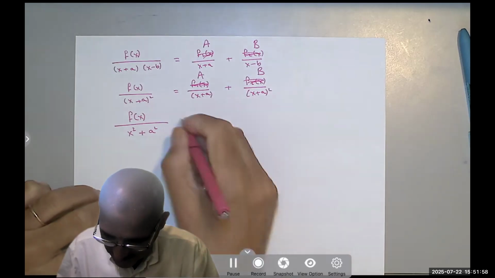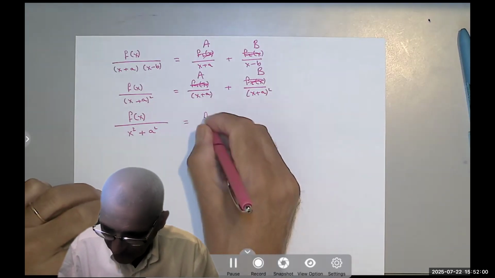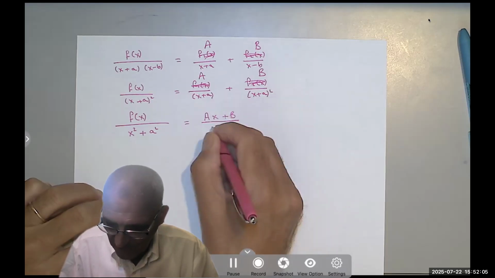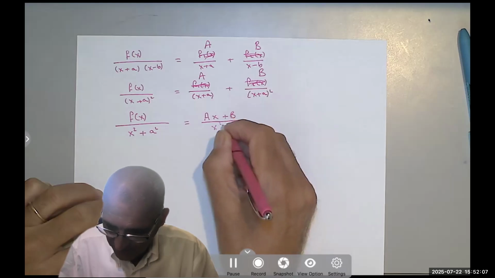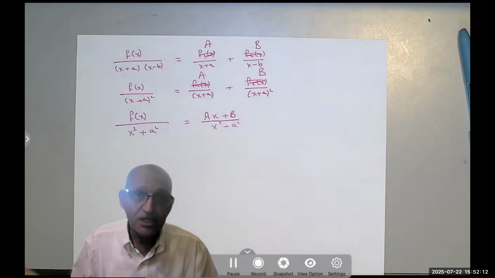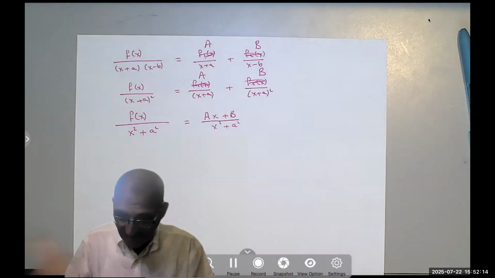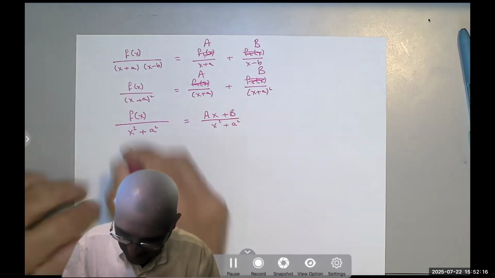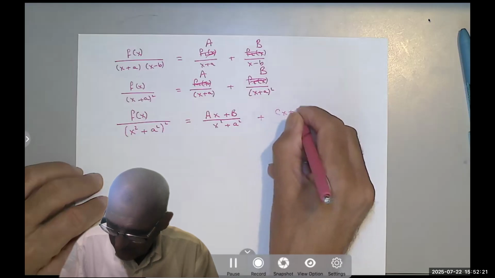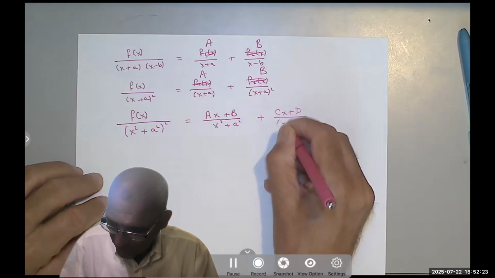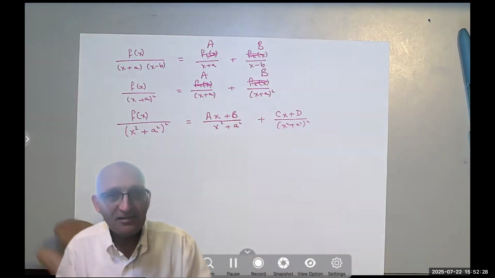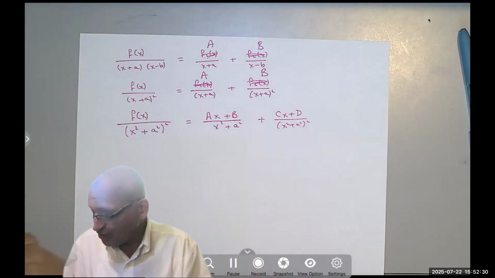So in this case, we divide it over Ax plus B over x squared plus a squared. And if that's a square, so let's even make that a square, plus Cx plus D over x squared plus a squared quantity squared. So that's basically the way we are going to use.